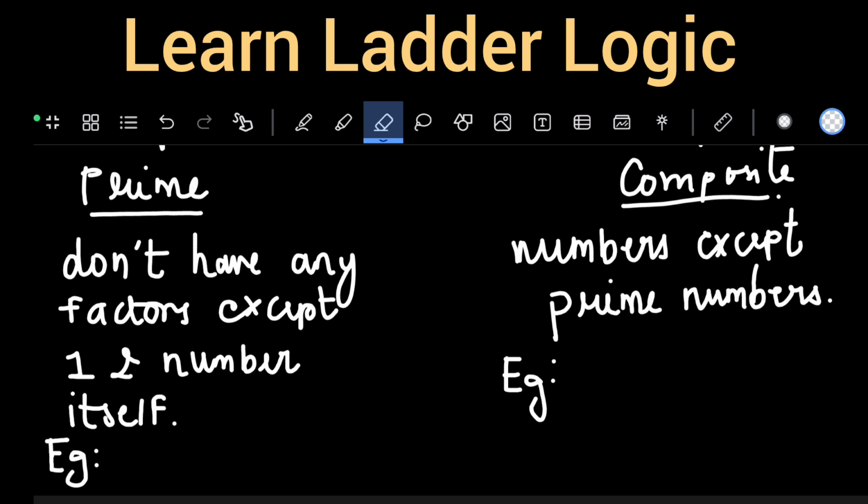For example, let's start with number 2. 2 is a prime number. It is the only even prime number.